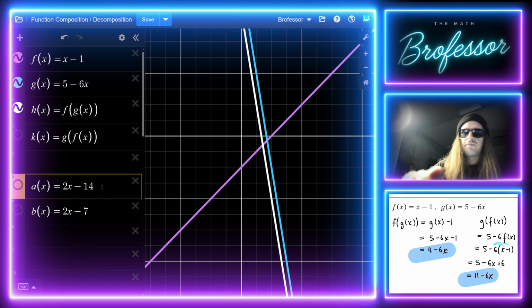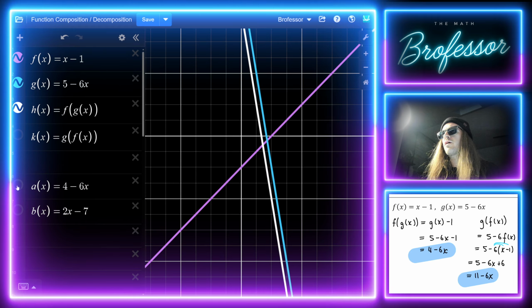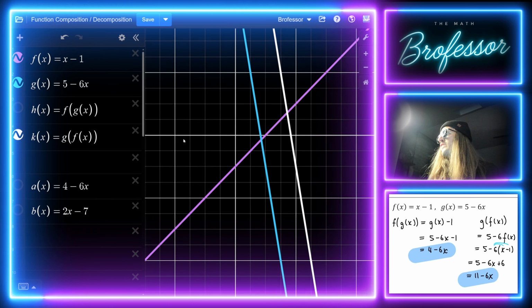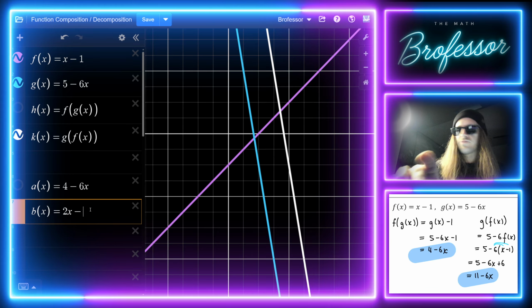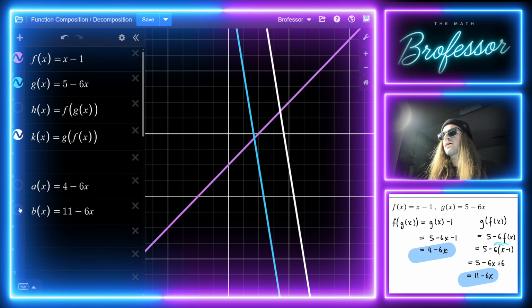And then let's type in, what's our first composition? 4 minus 6x. And if we turn that on, we see that it does line up. So that's good. That one is correct. Here is g of f of x, the other way around. And our answer for that is 11 minus 6x. And yep, those are the same. So we're good. That worked.